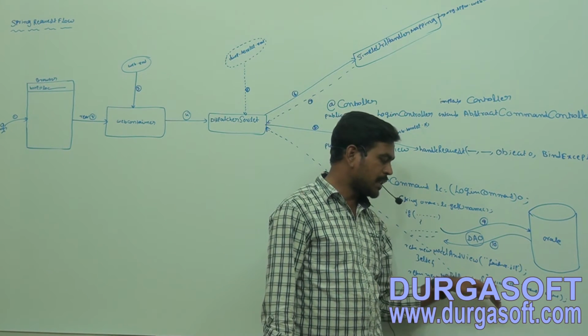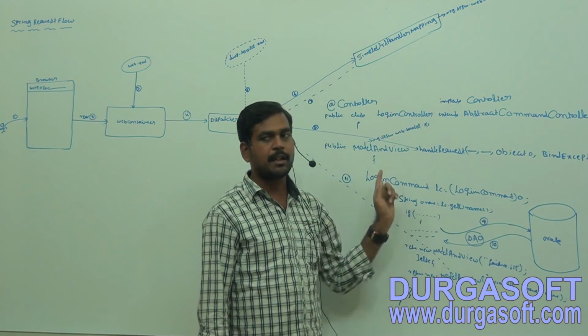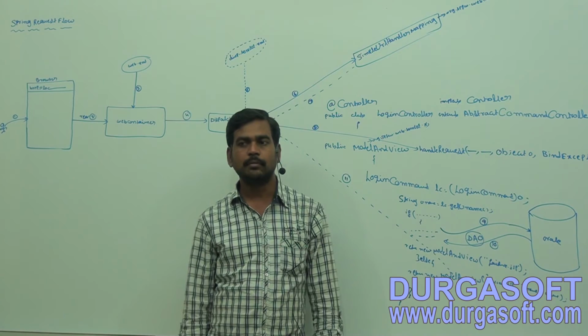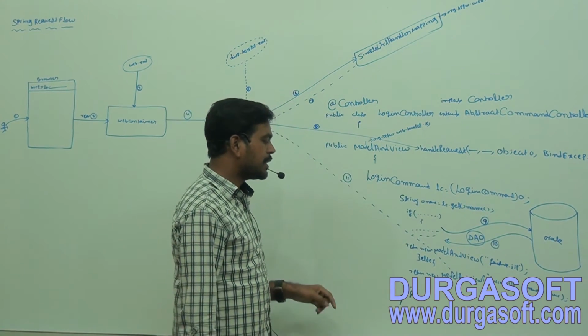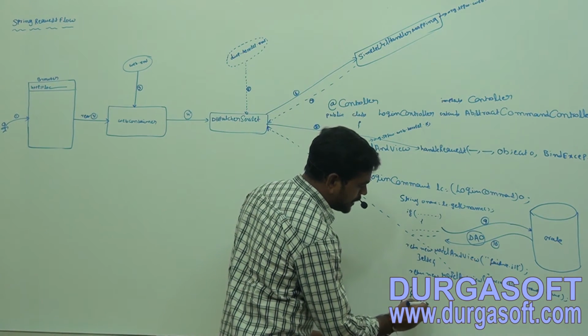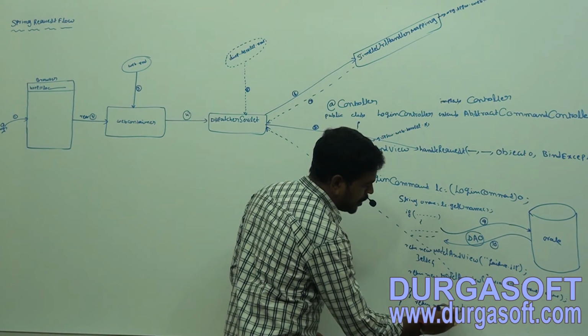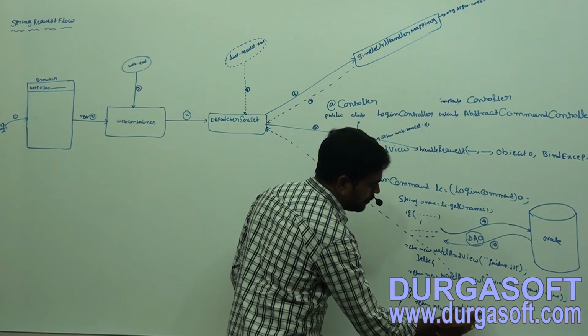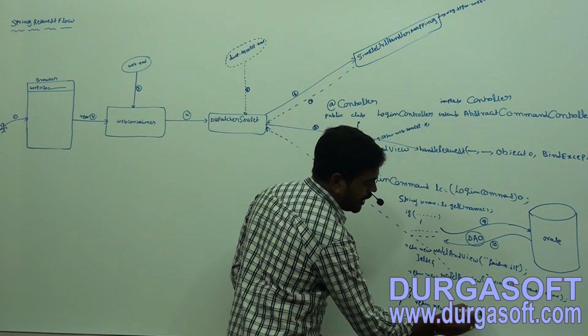Whenever we are passing success.xhtml here, now we need to compile the entire component. This is unnecessary headache for the development side. That's the reason what we have to do here, we can pass like this: return new model and view. In this place we can pass model and view.